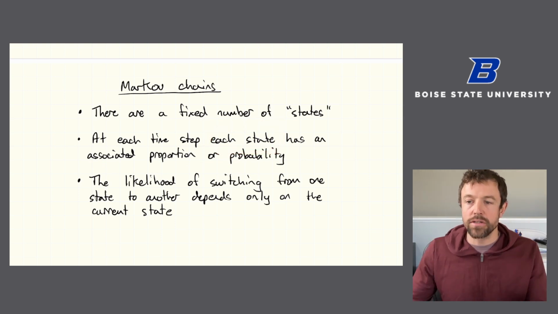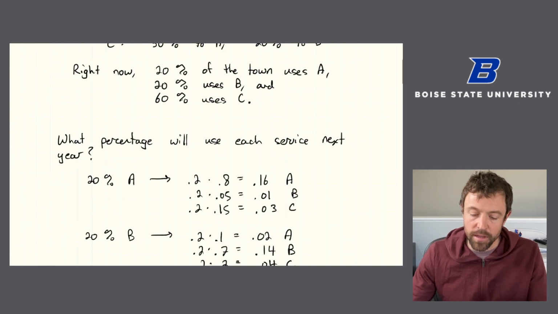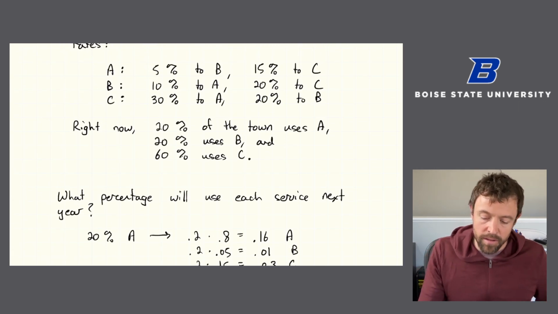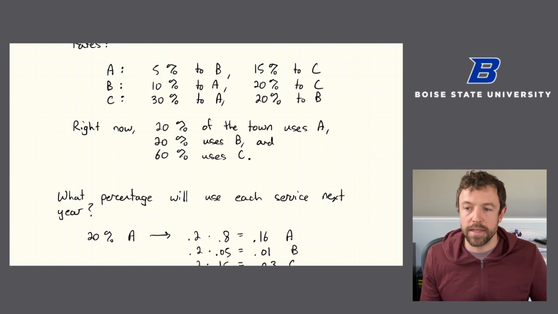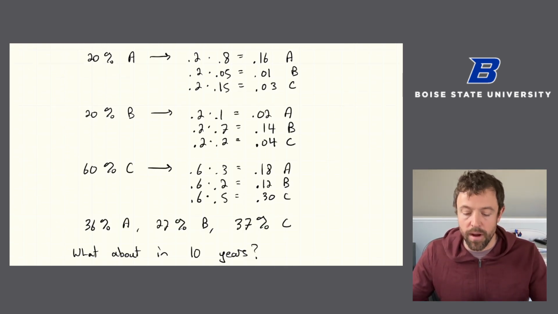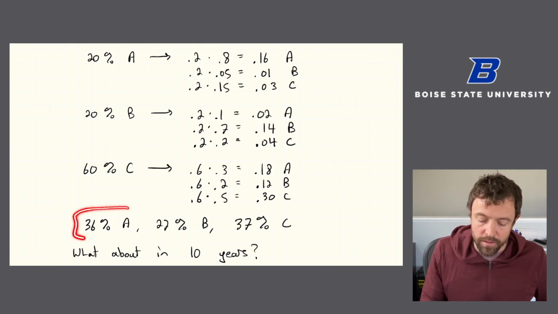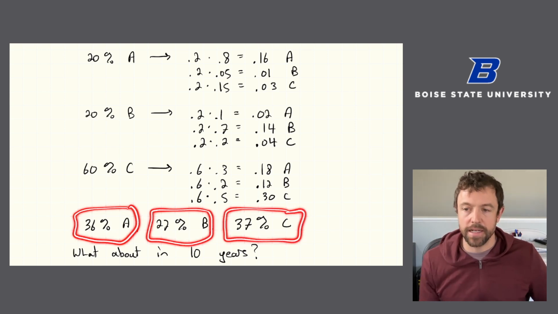So our initial situation, our associated proportion or probability was we started with 20% in A, 20% in B, and 60% in C. And then at the next time step, we had an associated proportion or probability or percentage with 36% in A, 27% in B, and 37% in C.